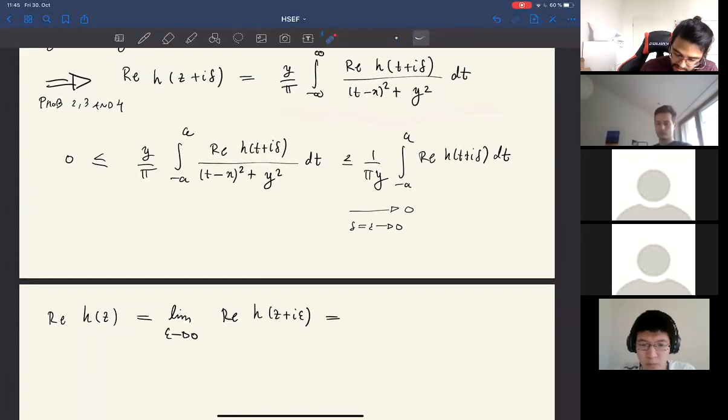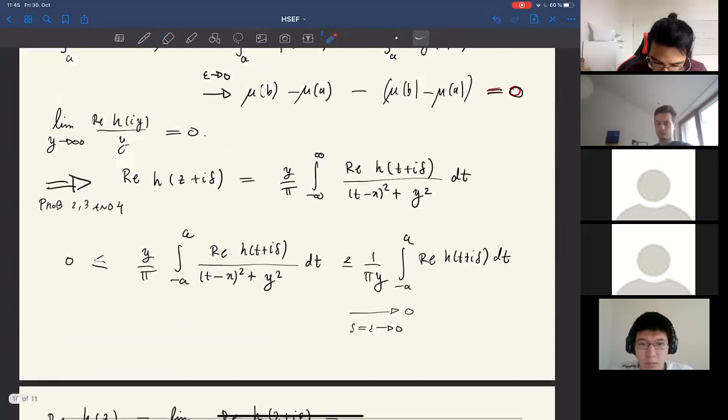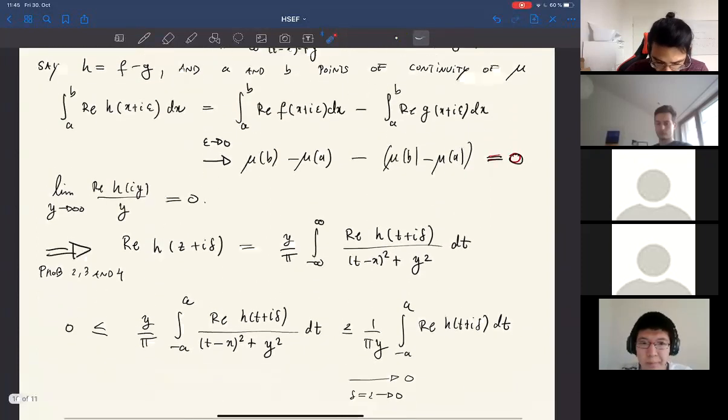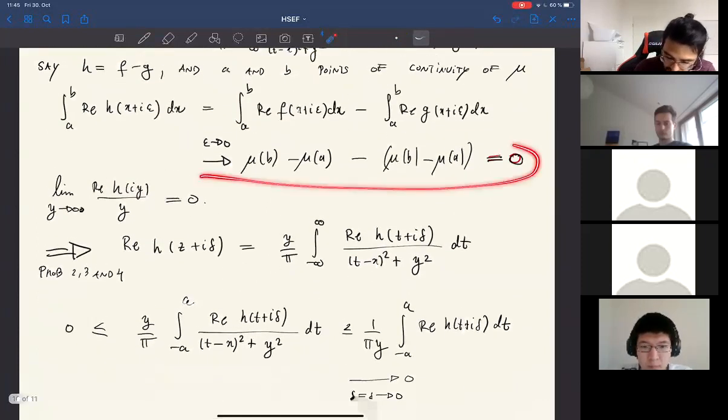Okay, but if I split this formula between, let's say, minus a to a, and again, I had to make an assumption, maybe you missed. I used this thing here, which only works if A and B are points of continuity.